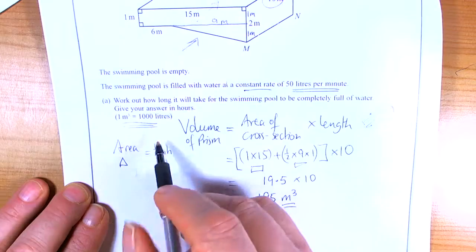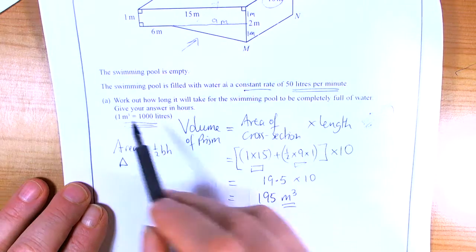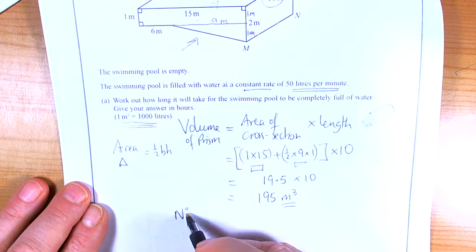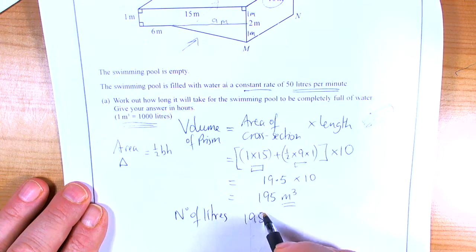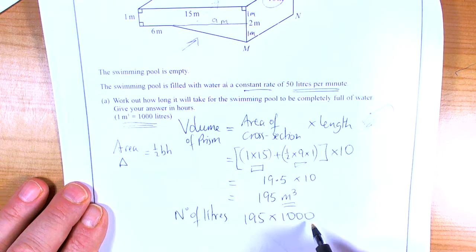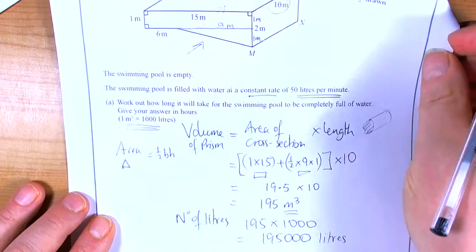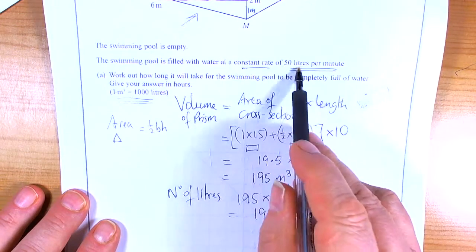We can see that they were nice. They told us how many litres are in a cubic metre. So we need to say number of litres, again showing our method clearly, is 195 times 1,000. So that's going to be 195,000 litres. And they're telling us that the pool is filling up at 50 litres per minute.